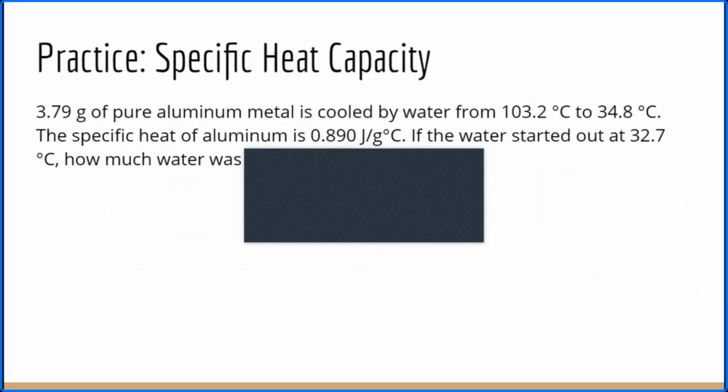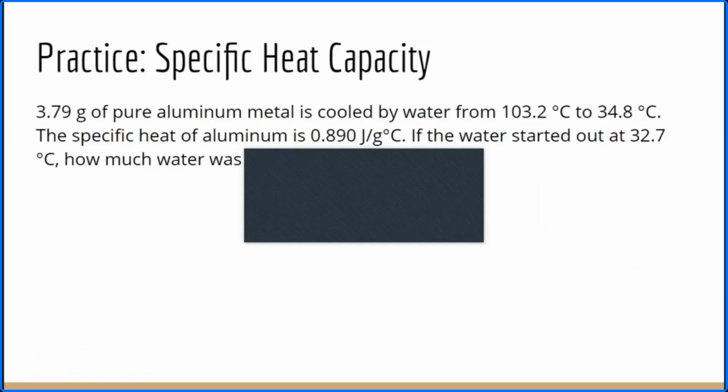So now we're actually going to go over another practice problem, which is about the specific heat capacity, which we discussed earlier. What we have here is 3.79 grams of pure aluminum metal is cooled by water from 103.2 degrees Celsius to 34.8 degrees Celsius. The specific heat of aluminum is 0.890 joules per gram degrees Celsius.